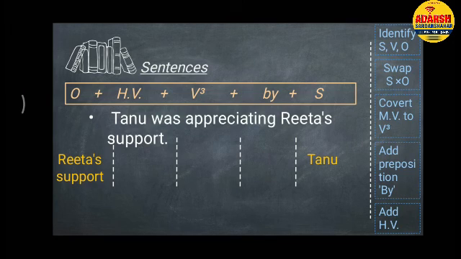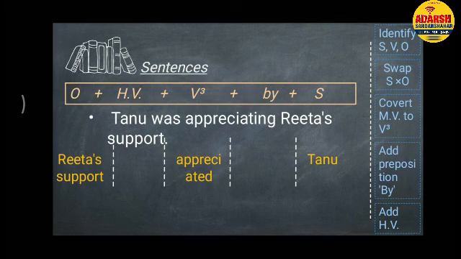So here we put Rita's support, which is our object, in the place of subject, and our subject Tanu in the place of object. Now let's go towards our third step, which is convert main verb to verb's third form. As I told you, in passive we always use past participle. So here we put the third form of appreciate, which is appreciated.